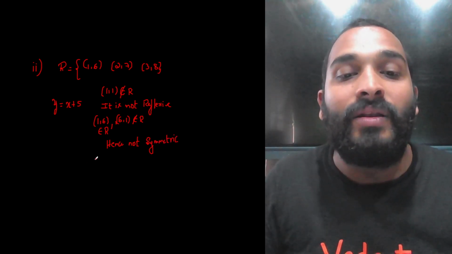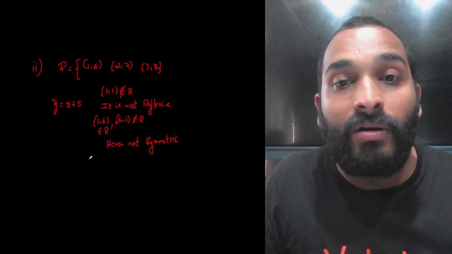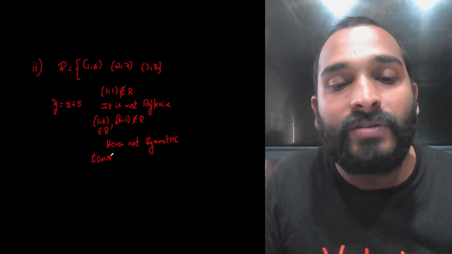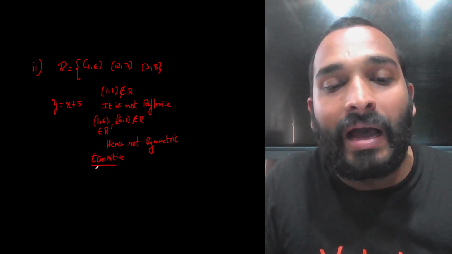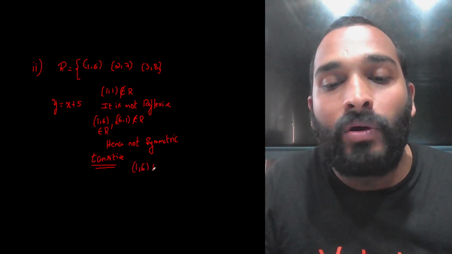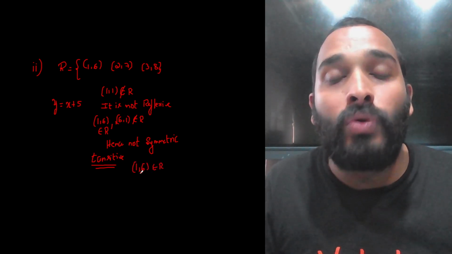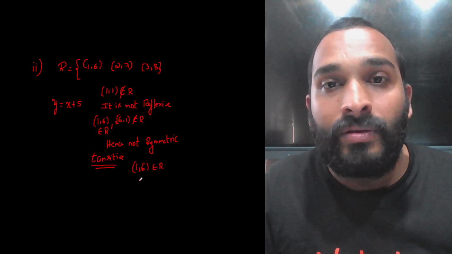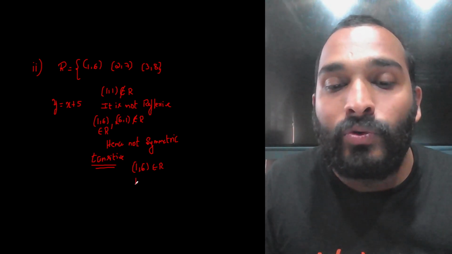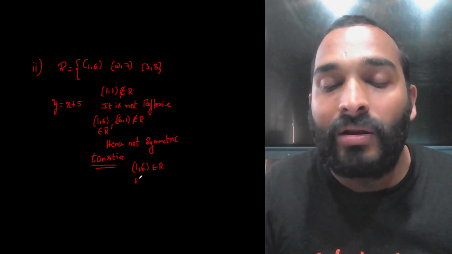Yes or no? Now if you're checking for transitive, just check for transitive, children. Yes, we have 1 comma 6, which belongs to R. Do we have 6 comma any other elements? No. So you don't have 6 comma 2 or any other element.